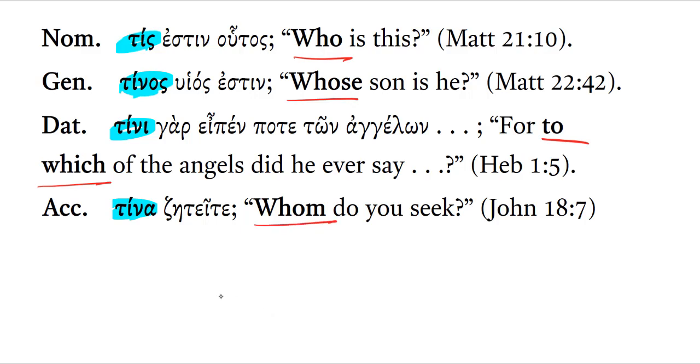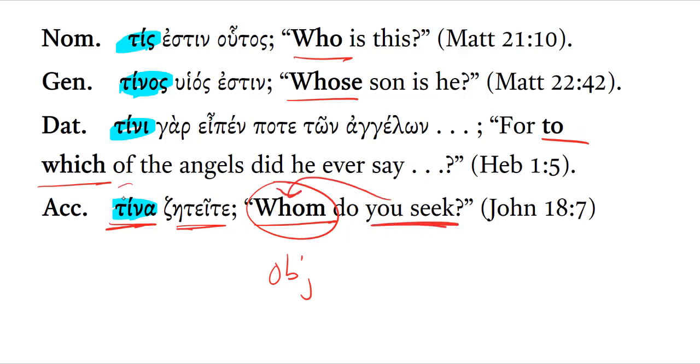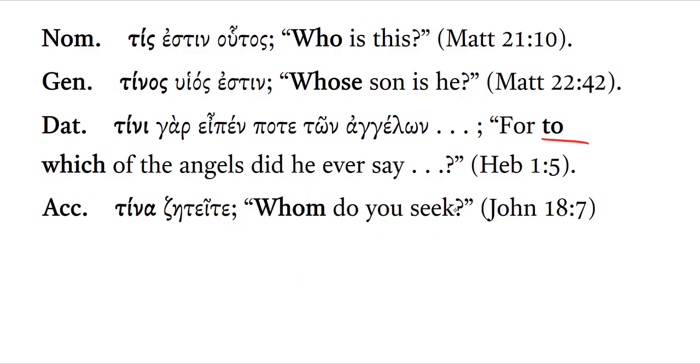And it's a little confusing in English because we don't use whom as much anymore, but basically whom is the object. So here the tina is not doing the zeteite. In other words, someone else is seeking, you are seeking whom, so it's the object. Whom is the object form of the question word as opposed to the subject form. Here the tis is the subject of the verb. So it might be helpful just to read through these and get a sense for how they function.